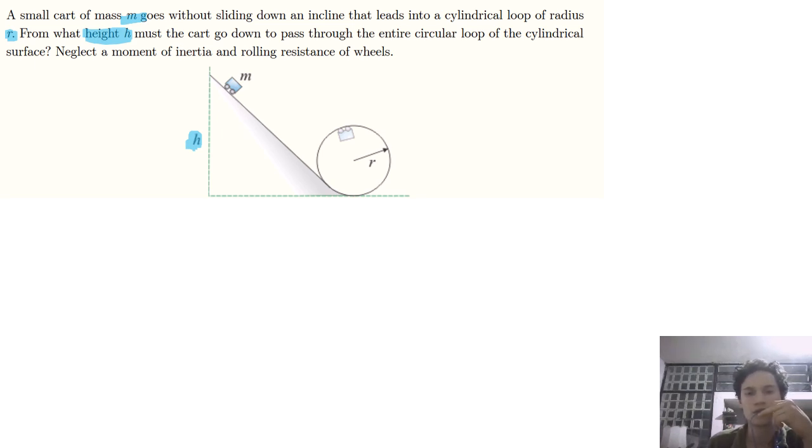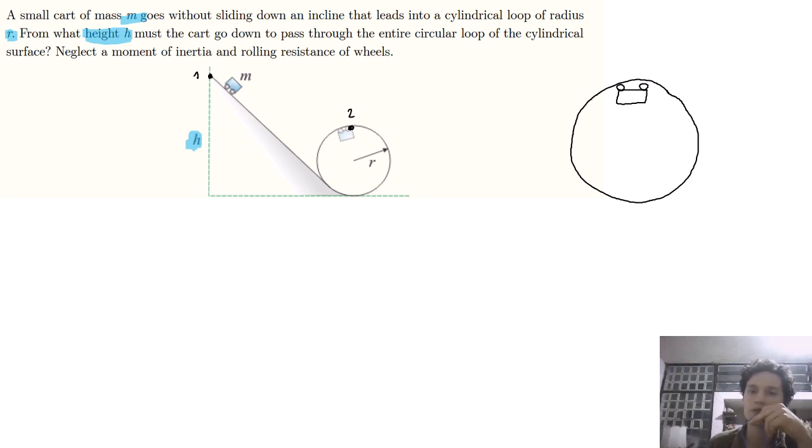So first, let's draw two key points in this exercise. Let's say here is point 1, and this will also be a key point. Why? Okay, let's draw a diagram of all the forces and see why that point is so important. At this point, the car will be here.